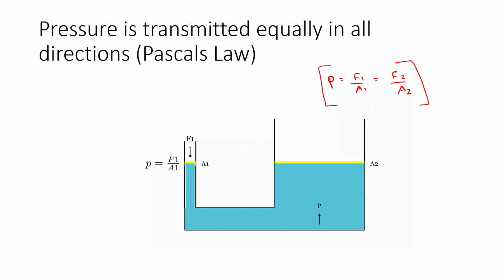By applying a small force here, you can lift a heavy load here, because F2 is equal to F1 into A2 by A1. Since A2 is very much greater than A1, you can get a very large force there. That means you can lift a very heavy load.